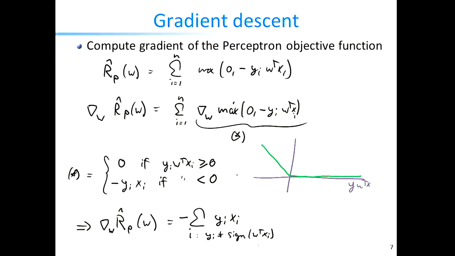To get that gradient, we did a case analysis: are we in this constant 0 part, or in this slope minus 1 part, where it's non-zero? We computed the gradient in both cases. Obviously in the 0 part, the gradient is just 0. In the other case, it's just minus y_i times x_i.